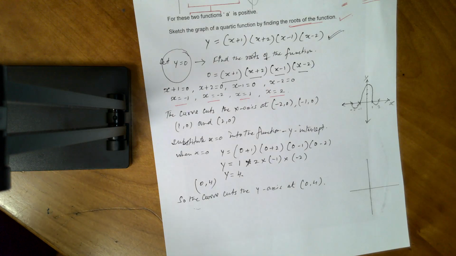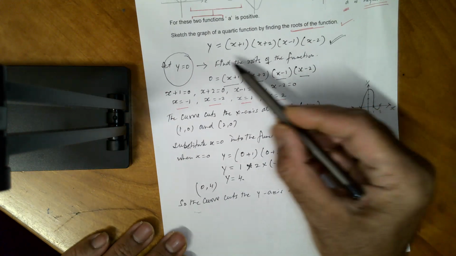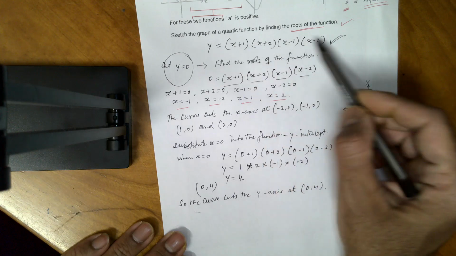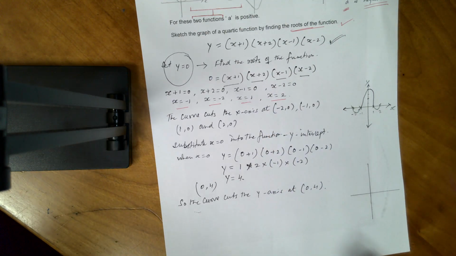Now, with this equation, our quartic function, what we need to do, and I've explained this also in the cubic graph, is that once we have the y value as 0 and the x value as 0, we need to check what happens to y for large positive and negative values of x.